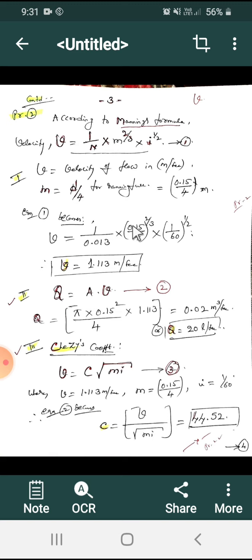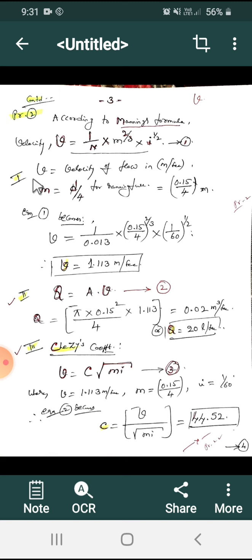Everything is known. M is 0.15 divided by 4, the whole to the power of 2 by 3, into 1 by 60, whole to the power of half. You solve this equation and get the value of V. V is equal to 1.113 meter per second.